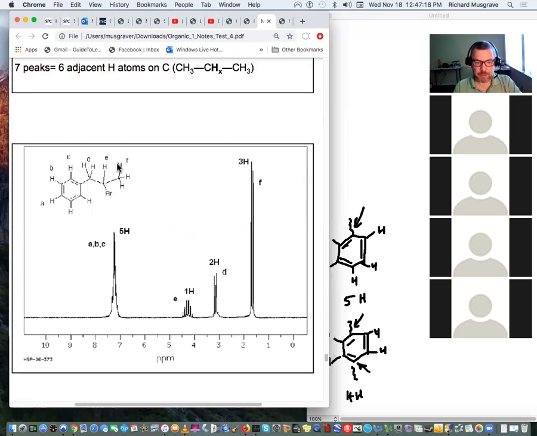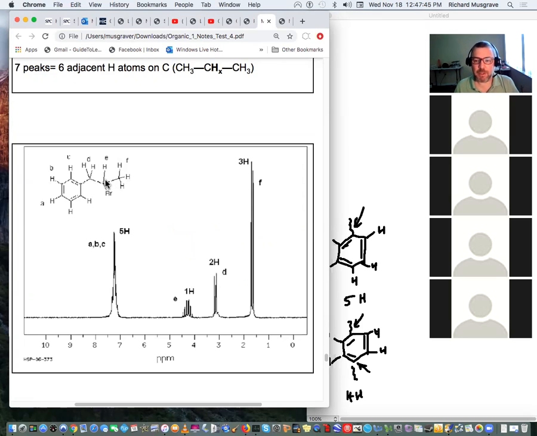Take a look at the CH3. That's this one over here. How many hydrogens are on carbons adjacent to the CH3? Well, look, there's 2 peaks, so I'm expecting 1 adjacent hydrogen, and there it is, right there. So this is the CH2, the 2H, and again, 2 peaks, so that means 1 adjacent hydrogen, and there it is right there.